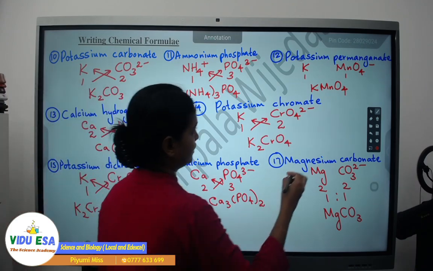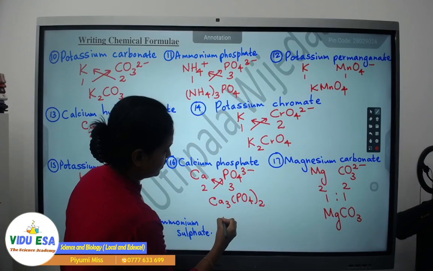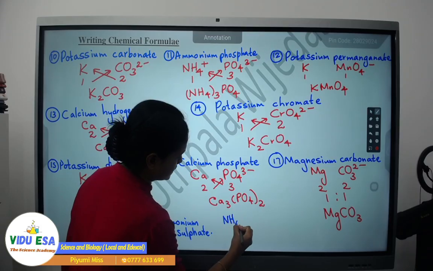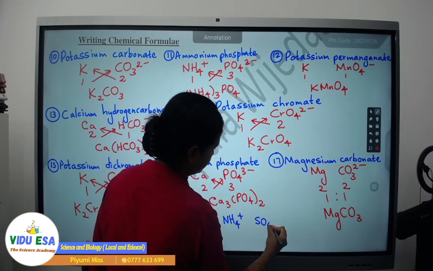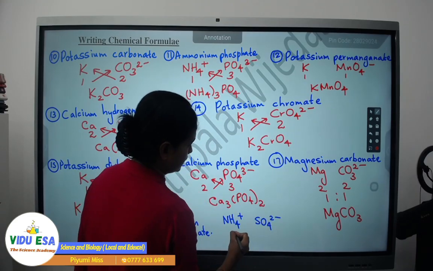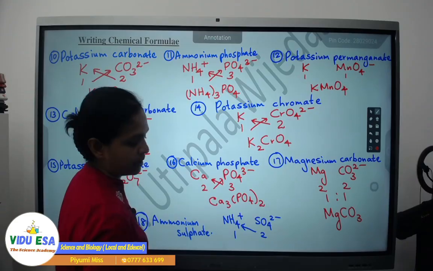Last one, ammonium sulfate. Once again, both are radicals. So, ammonium, NH4 plus. Sulfate, it is SO4 2 minus. Here this is 1, this is 2. Therefore, this 2 belongs to ammonium.